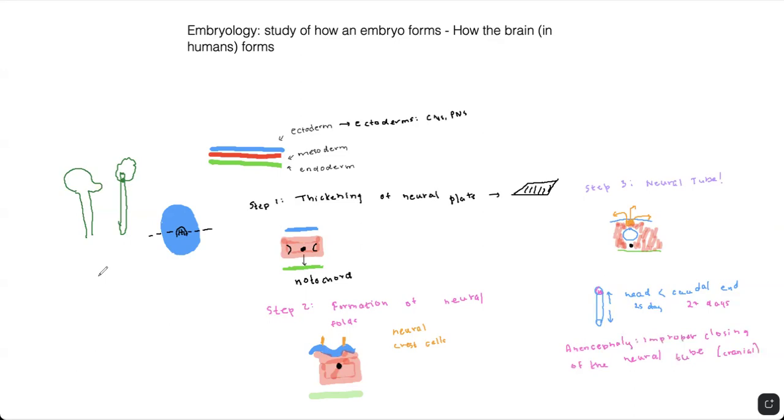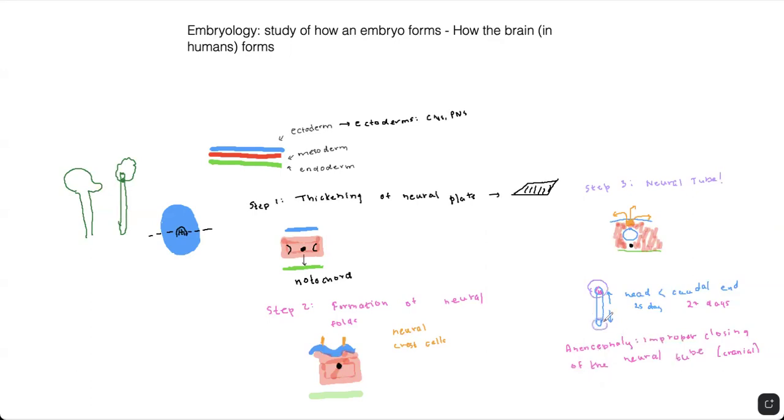Cranial means head. So as you can imagine, anencephaly leads to essentially an unclosed brain. It's going to lead to an improperly developed brain and an unprotected brain. So the fetus will most likely not be viable should the person have anencephaly.